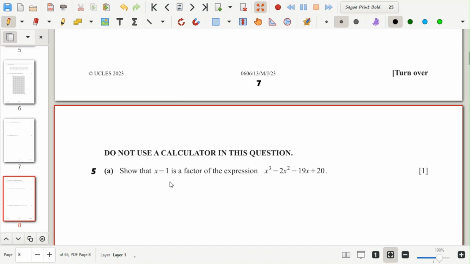If x minus 1 is a factor, that means x is equal to what? 1. If I place it in this function, I'll get what? 0. Okay. I can say this is p of x.